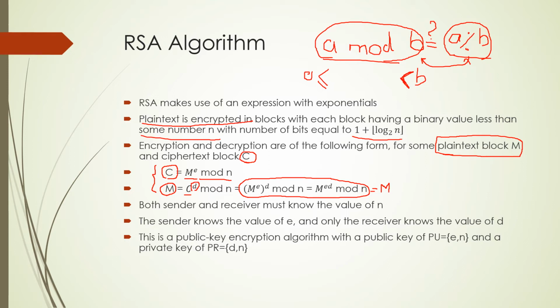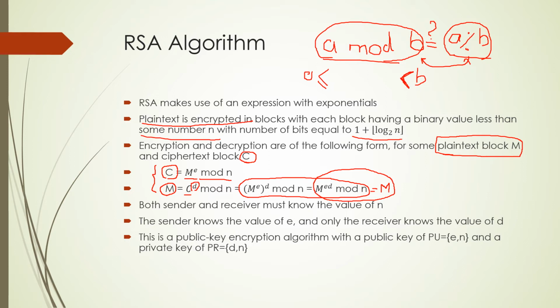The equation says m to the power of e times d mod n is equal to m, and this can be proven if you know a little bit of number theory, but I'm not going to go through the details of number theory. I just want to briefly tell you how RSA works, because the details wouldn't be part of this course.